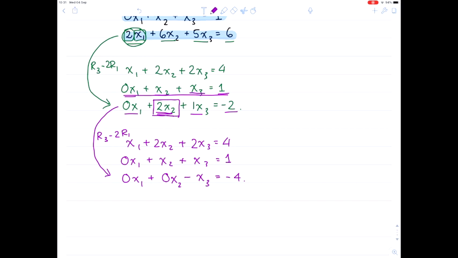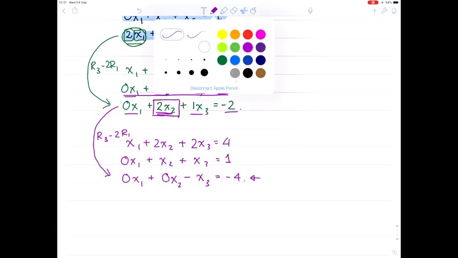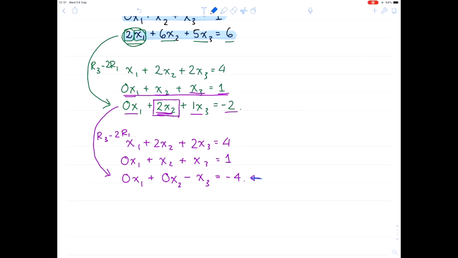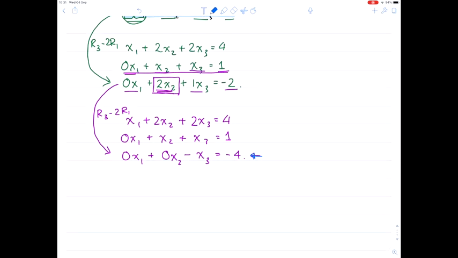So having a look at what we've got, I'm going to do one more little step. I'm going to multiply this third equation through by minus 1. So my new system is going to be unchanged top row. I'm going to simplify as much as I can.